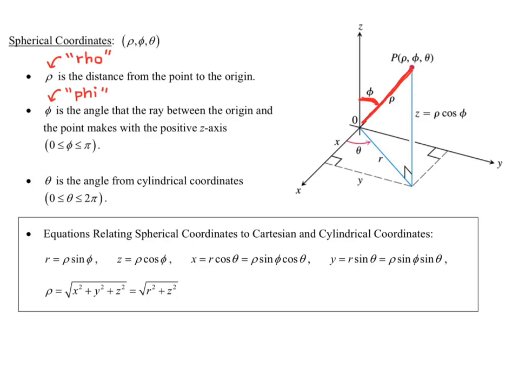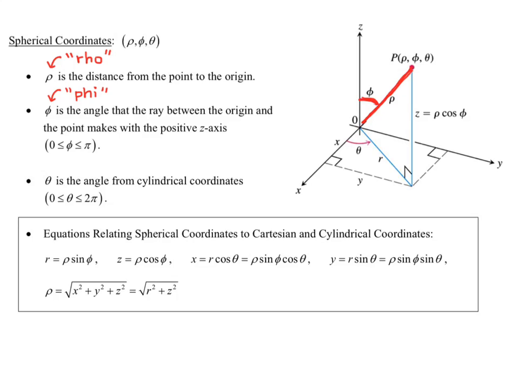We have 5 equations relating spherical coordinates to Cartesian and cylindrical coordinates. The first one is that r is equal to rho sine of phi, z is equal to rho cosine of phi, x is equal to r cosine theta, which is cylindrical, which equals in spherical to rho sine phi cosine theta, and y is rho sine phi sine theta.